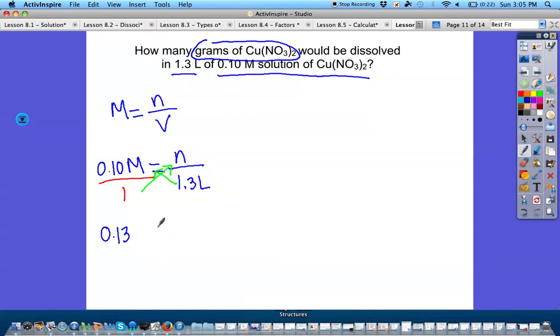And then 1 times N is going to equal N. So 0.13 moles is what is equal to N. So now we can take that 0.13 moles and plug that in, and then calculate the molar mass to determine the mass of copper nitrate.